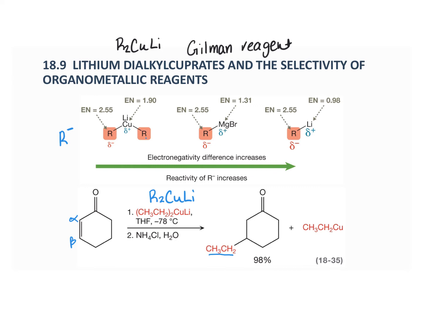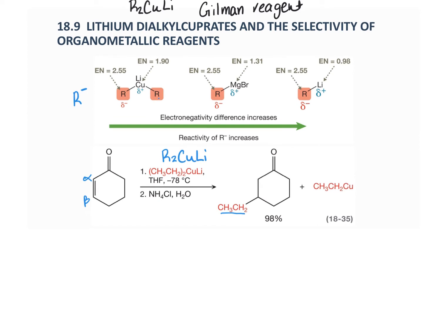Instead, there's a key step of binding of R2Cu minus to the carbon-carbon double bond, and then that's followed by the transfer of an alkyl group, but we really don't know, which to me is incredibly exciting. That's one of the more interesting things about science.